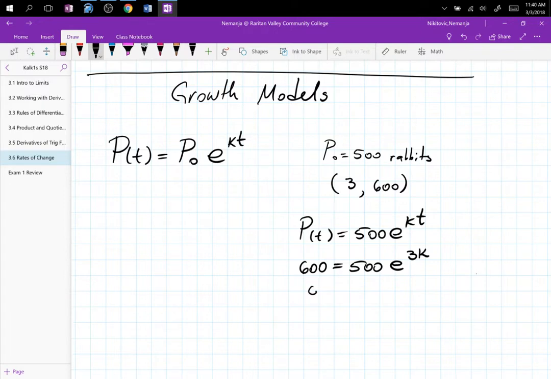So you have 6/5 is equal to e to the 3k when you divide 500 both sides. You ln both sides to get rid of e.